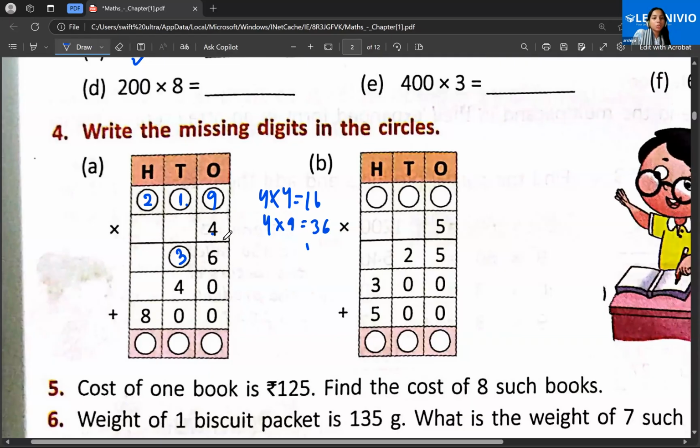Let me check. So I'll have to add this much. So 6, 876. Yes, correct. Okay.